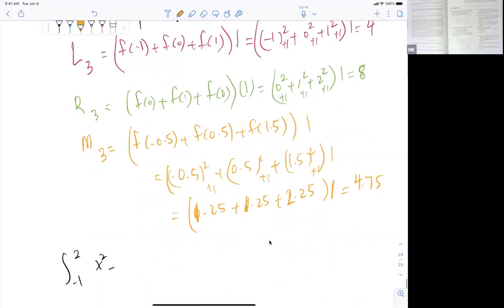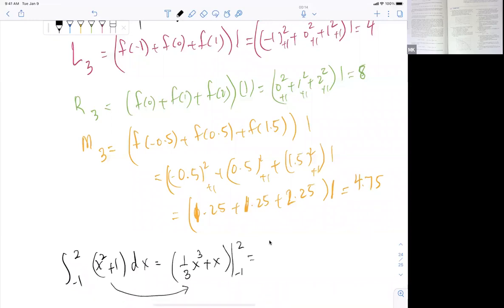So if I integrate x squared plus 1 dx from -1 to 2, it is 1/3 x cubed plus x. That's based on today's lecture. This is the antiderivative of x squared plus 1, and evaluating from -1 to 2 is going to be 1/3 of 2 cubed plus 2 minus 1/3 of -1 cubed minus 1.